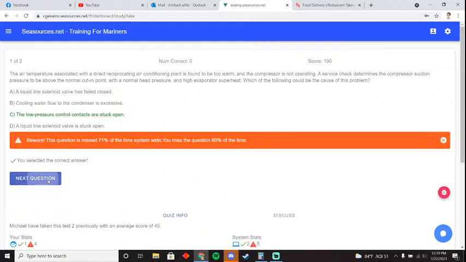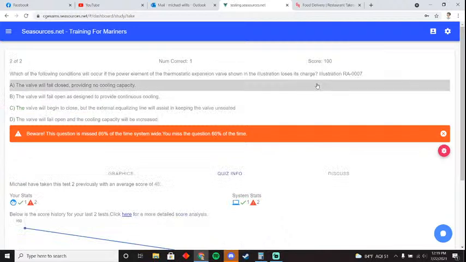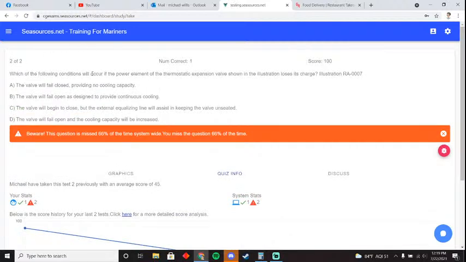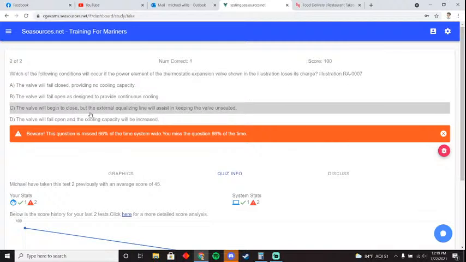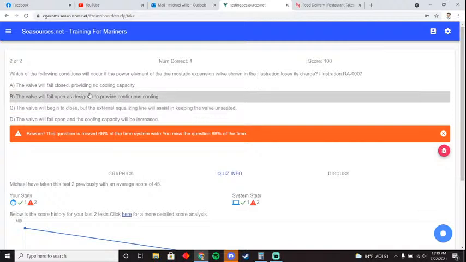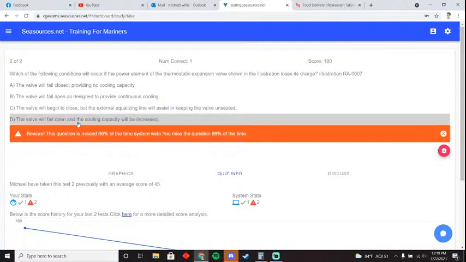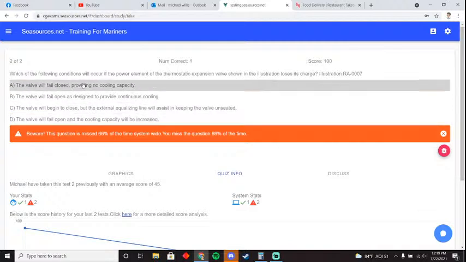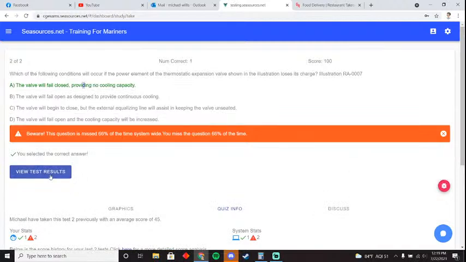That's the answer. Okay. Which of the following conditions will occur if the power element... Yeah, no cooling capacity.